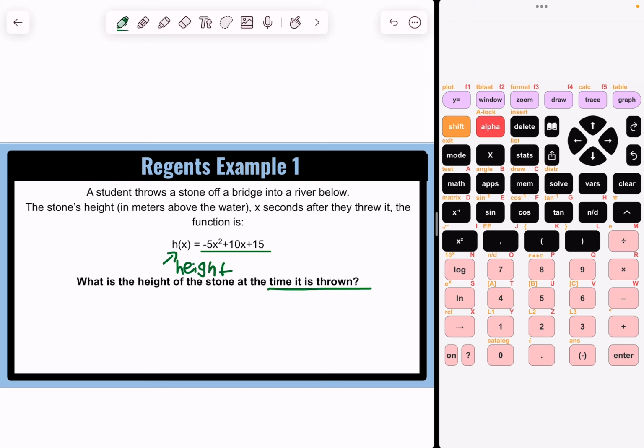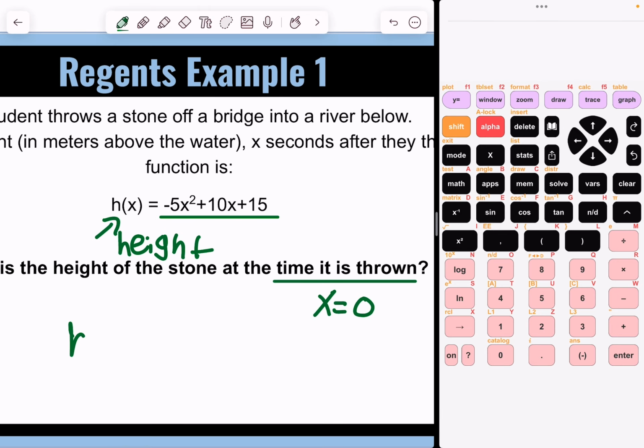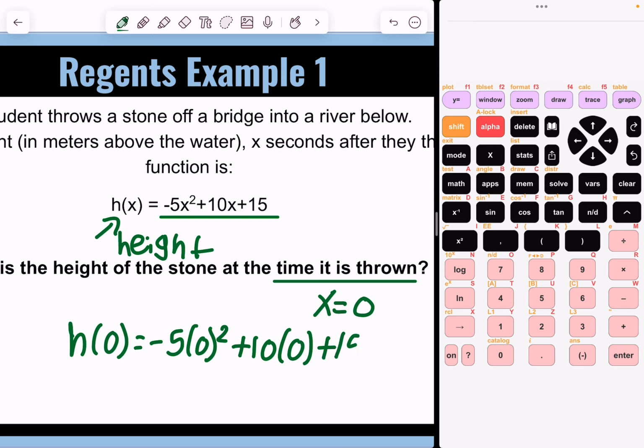Well, at the time that you throw it, that's when you're at 0 seconds, x equals 0. So if we plug 0 into this function, this would cancel off, this would cancel off, and we'd just be left with, at 0 seconds, we are at 15 meters above water.